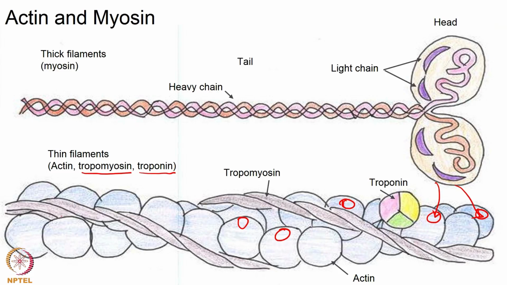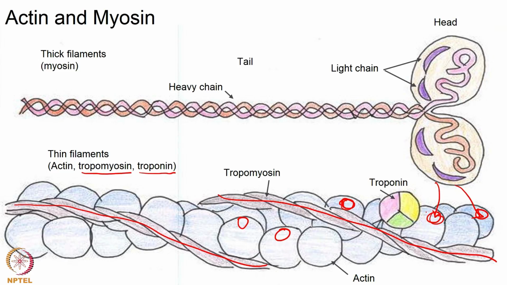The tropomyosin is like a rope or a thread that is wound around the actin filament in such a way that in its rest state it covers all the binding sites of the actin.